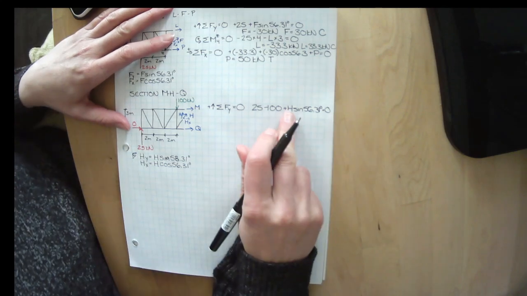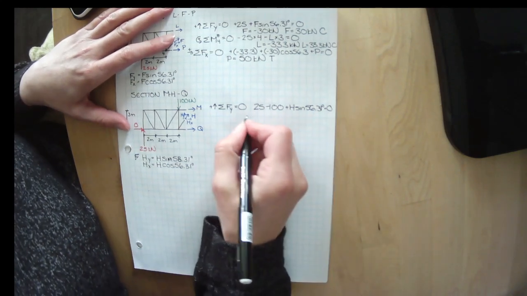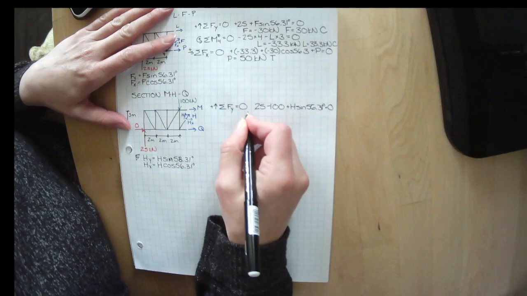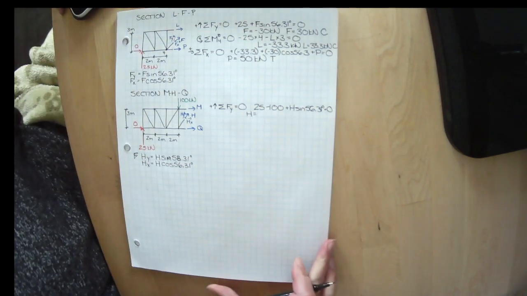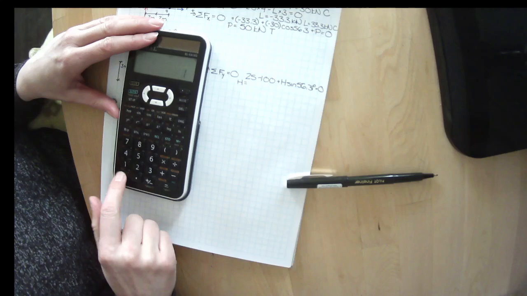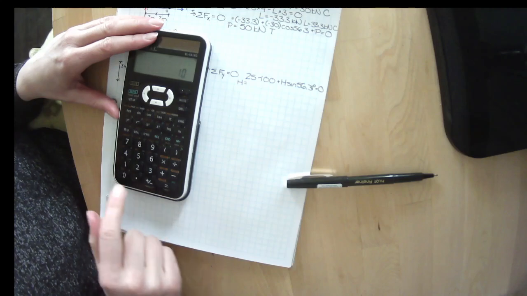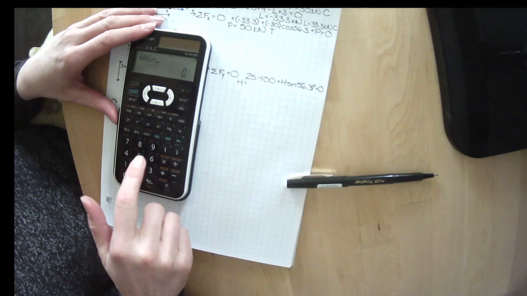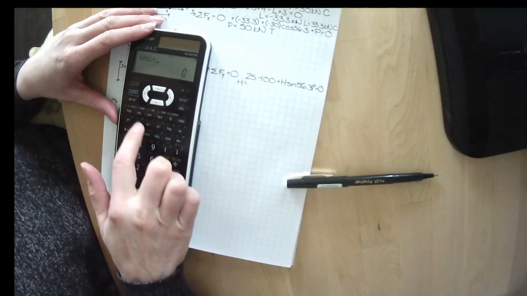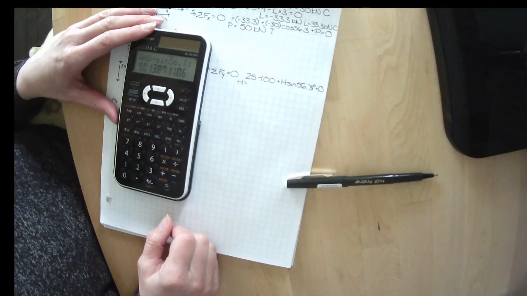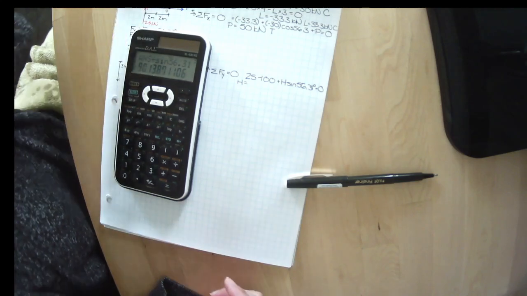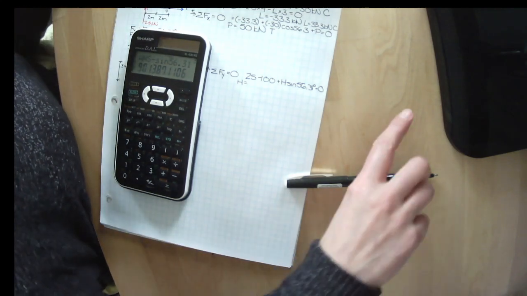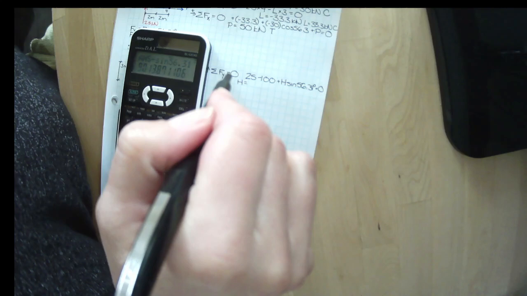So we now have one unknown, one equation. We can solve for H. H equals, we'll bring everything over, 100 minus 25 divided by the sine of 56.31 degrees. And we get, just want to make sure I haven't done anything silly and giving you guys funny numbers.